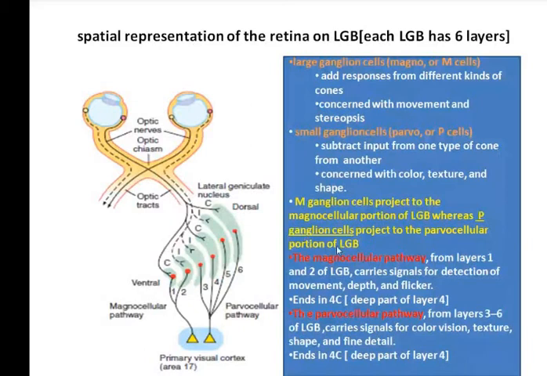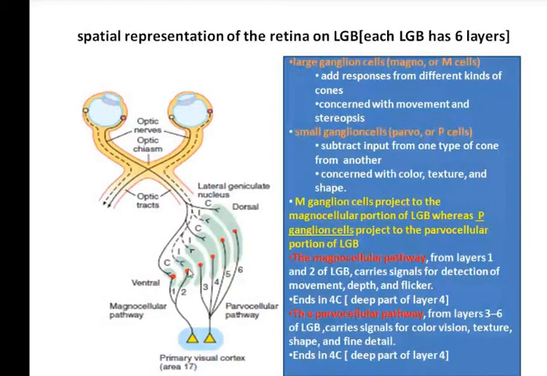Now, what is the magnocellular pathway? What do the magnocellular and parvocellular pathways mean?